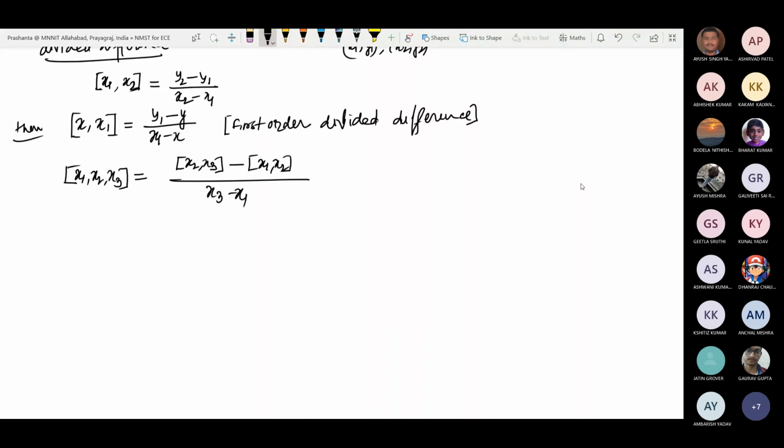So this is the second order divided difference. Just understand the procedure. It is nothing but simple calculation. Some data will be there and you will be doing some numerical manipulation. Nothing else.